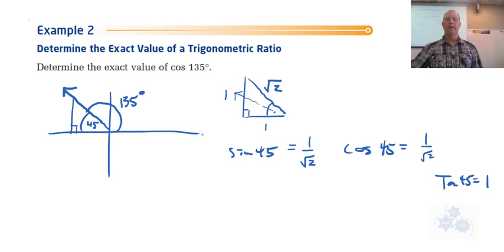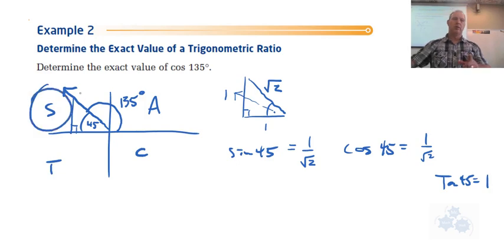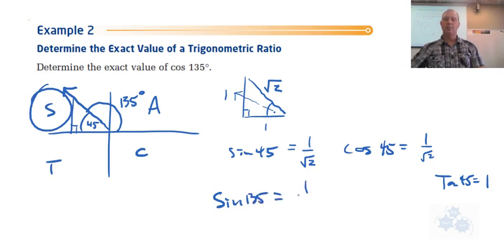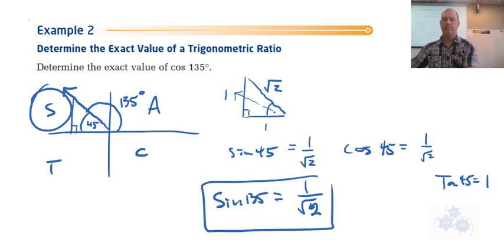Okay? SOHCAHTOA. Same thing. Now, the cast rule says C-A-S-T. So in this quadrant, only the sine is positive. So when we go sine of 135, it's the positive version of what it is for sine of 45, which is the same. There's the sine.